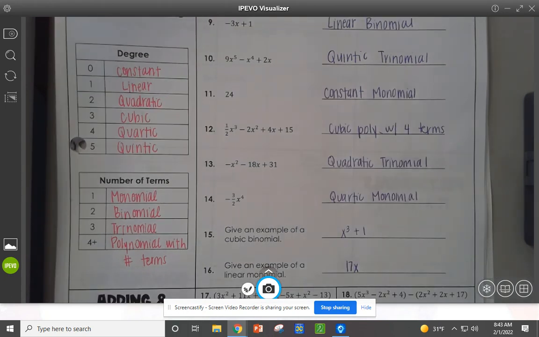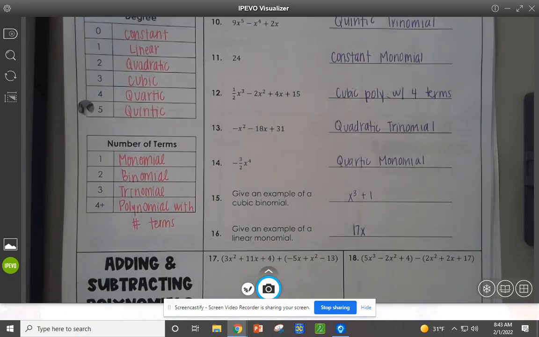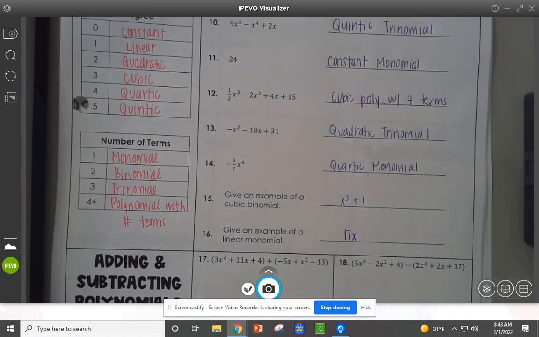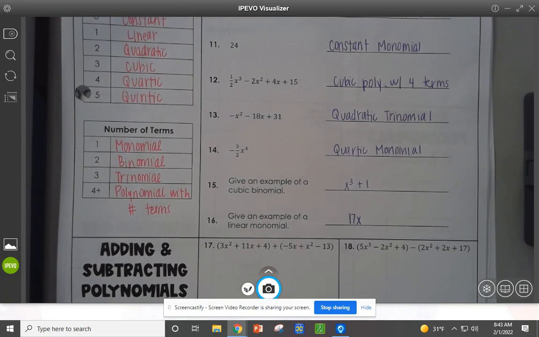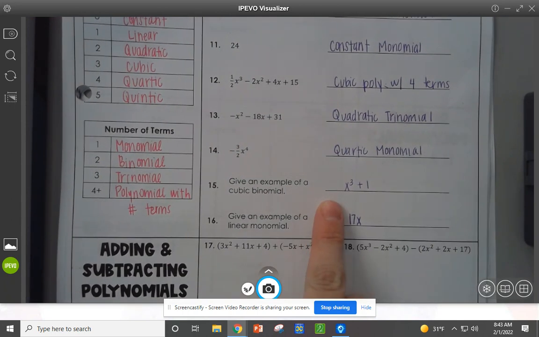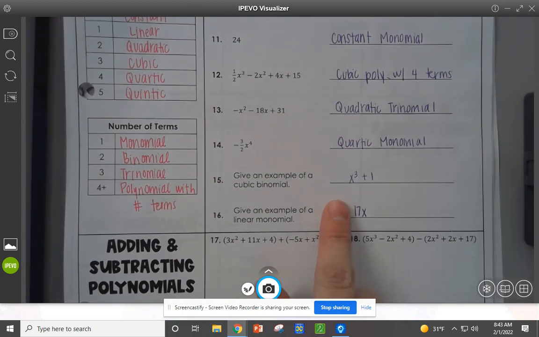All right, number 11 was a constant monomial. Number 12 is just a cubic polynomial with 4 terms. Number 13, quadratic trinomial. 14, quartic monomial. And then 15 and 16, you could have a wide variety of answers, but the one I gave for 15 was x cubed plus 1.